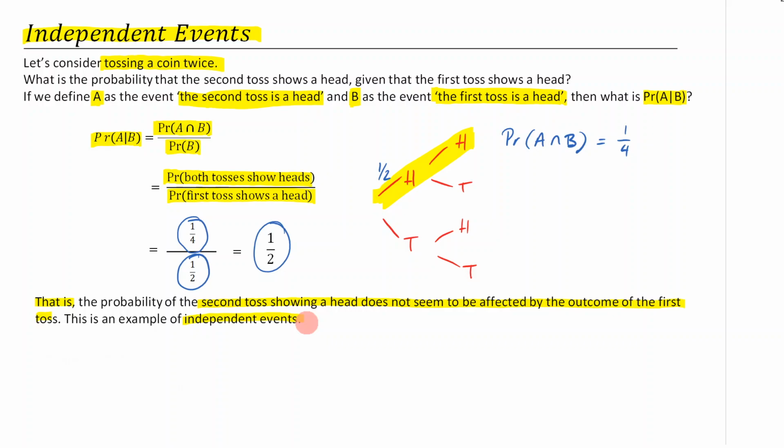Every time you flip a coin, there are 50-50 chances of you getting a head or a tail, regardless of what you threw right before it. It has no effect on it.